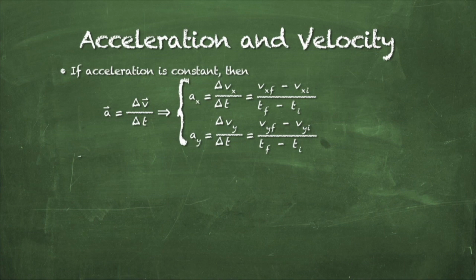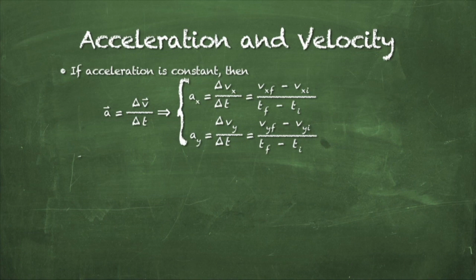That's a capital delta. It looks like a triangle. So we have a change in velocity in the numerator and a change in time in the denominator. Now this equation is actually a definition. This is the definition of acceleration. Acceleration is defined to be the change in velocity over the change in time.